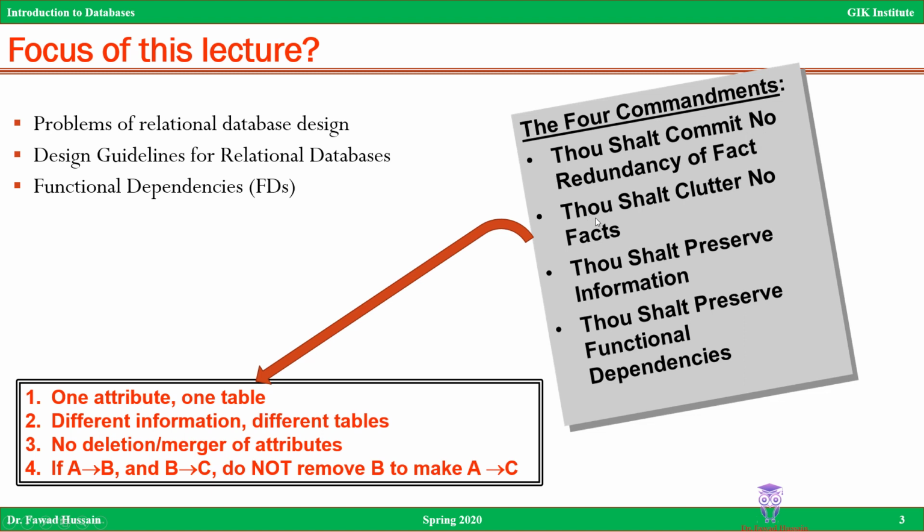The second one is thou shalt clutter no facts, and this translates to different information, different tables. For instance, if you are storing data about an employee, and then the employee name and the department for which he or she is working, and the name of the department. Now these are two different things.